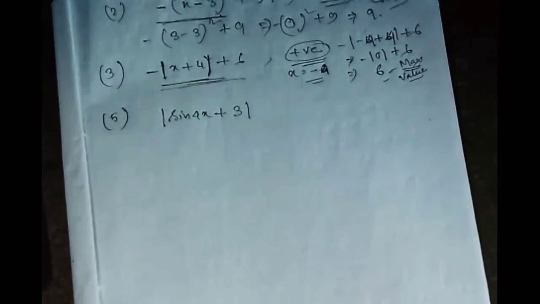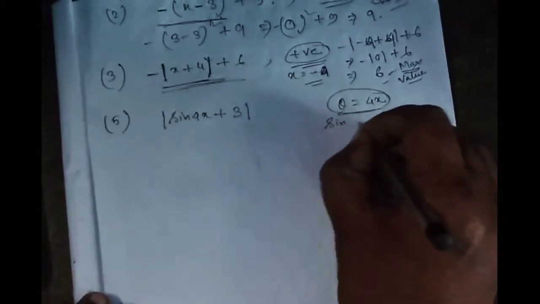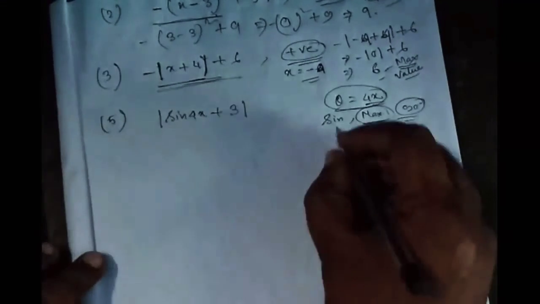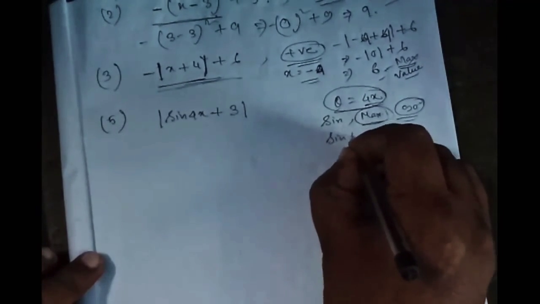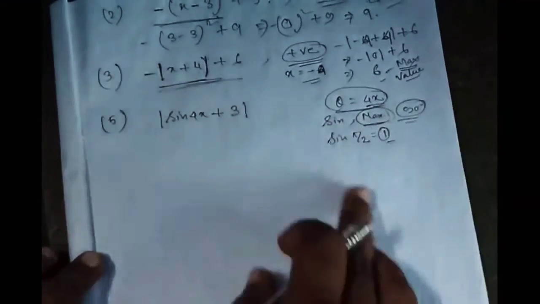Now sin theta, here theta is equal to 4x. Sin is maximum when 4x equals 90 degree. So at sin 90, the value should be 1.